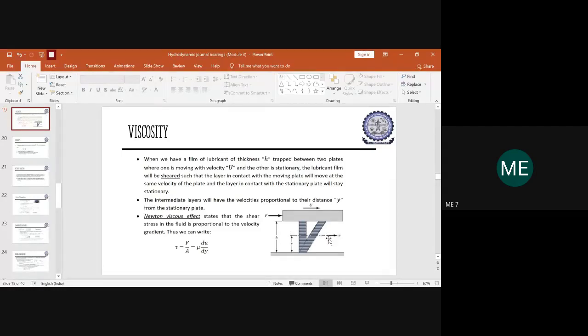Then instead of taking the small u and y, we have to replace that with the velocity capital U with which the entire film is moving, and at that time we have to consider the total thickness of the film, which is h, instead of y, which was the distance considered before with respect to the stationary plate.